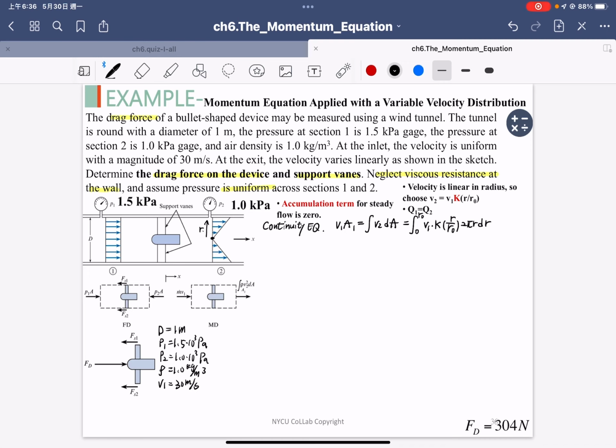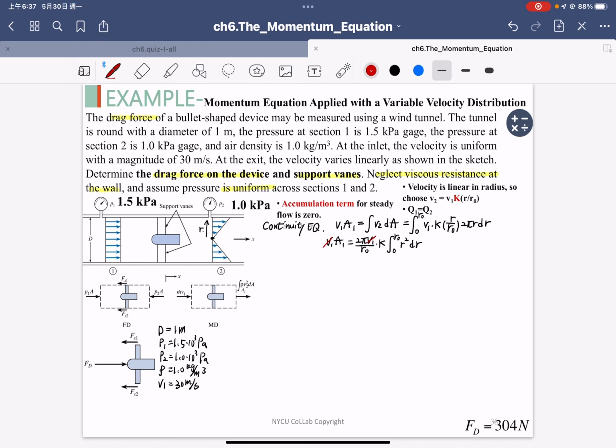So we can reorganize the equation: V1 and A1 equal, putting the constant values outside the integration, 2 pi V1 over R0 multiplied by k, with the integration from 0 to R0 of r squared dr. We cancel out V1 on both sides.